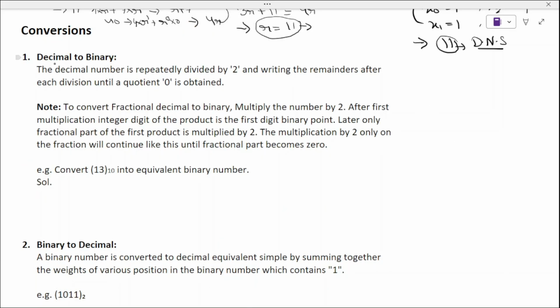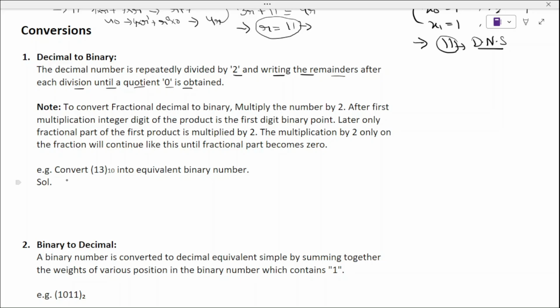Let's discuss conversions. First is decimal to binary. The decimal number is repeatedly divided by 2 and the remainders are written after each division until a quotient of 0 is obtained. Let's understand this by an example. Convert 13 into the equivalent binary number system.